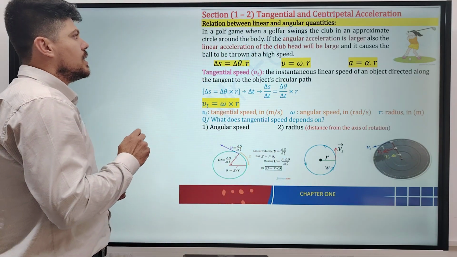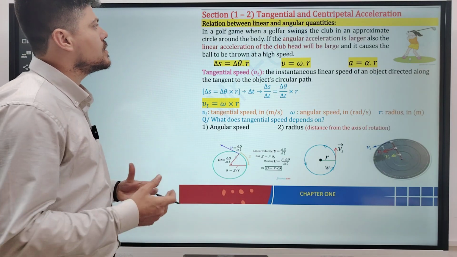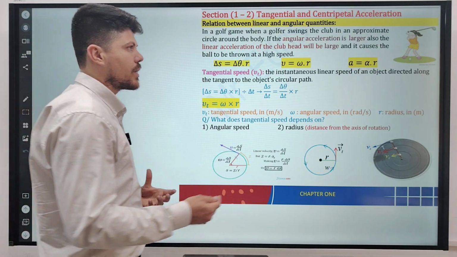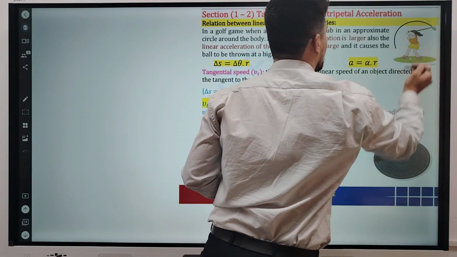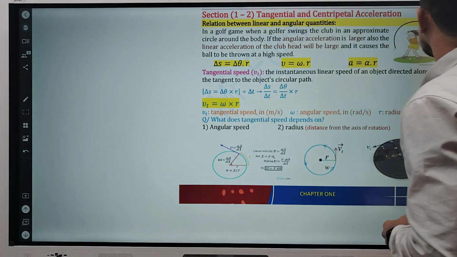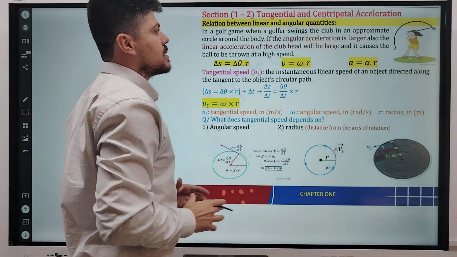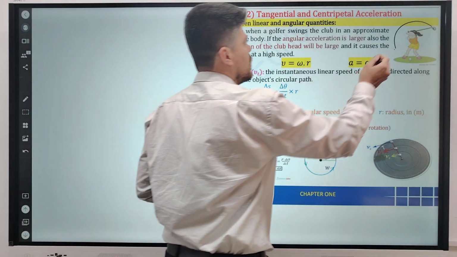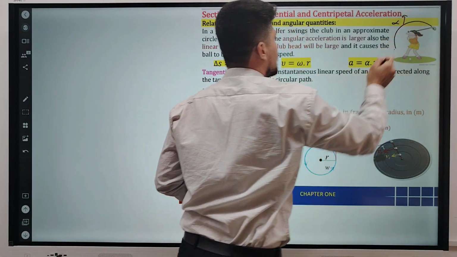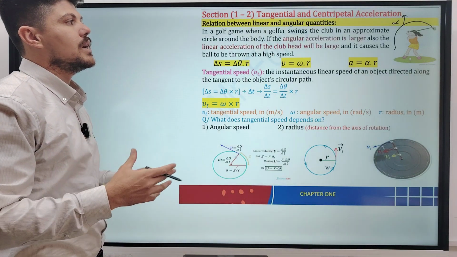For example, in a golf game, when a golfer swings the club in an approximate circle around the body, the circular motion will occur for this object around the body. If the angular acceleration is larger, the linear acceleration of the club head will also be large.